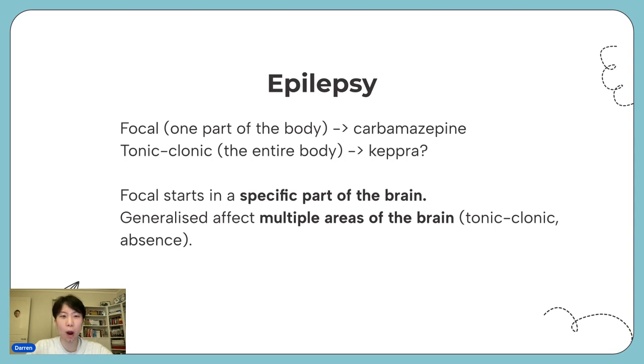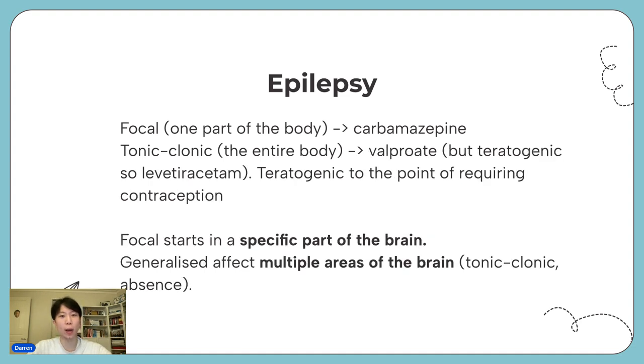And I asked him why you see Keppra so much, because it's actually not first line if you look on ETG. Because first line is valproate. So the reason why valproate is not as common, at least at Dandenong Hospital, is because it's very teratogenic. So you give it in bipolar disorder in psych.